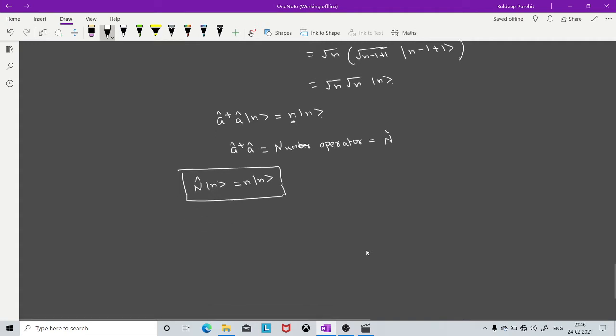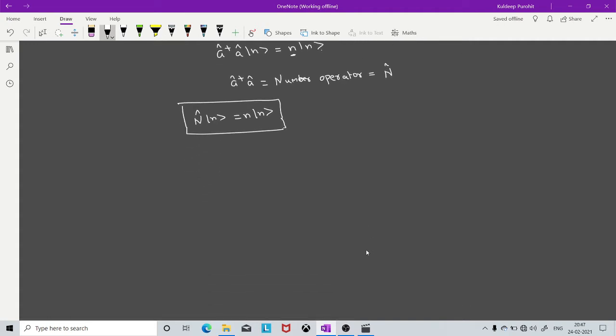Now let us move forward and think about what will happen when the Hamiltonian operator operates on ket n. From the previous class we know that the Hamiltonian in the a dagger a operator formalism can be written as h cut omega into a dagger a plus 1 by 2, into ket n. Here a dagger a is nothing but the number operator operating on n, plus 1 by 2.